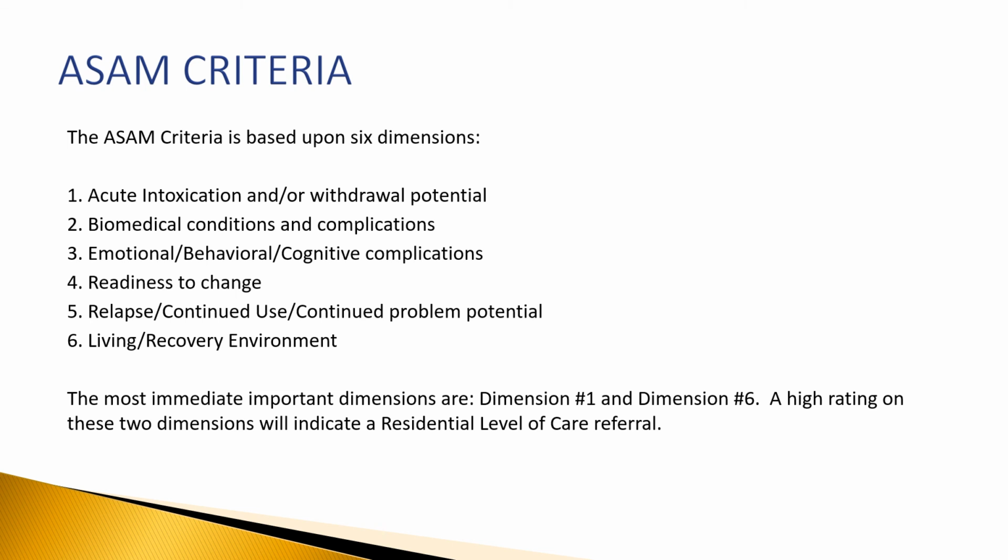And living and recovery environment is in dimension 6. The most immediate important dimensions are dimension number 1 and dimension number 6. A high rating on these 2 dimensions will indicate probably an immediate placement into a residential level of care referral.